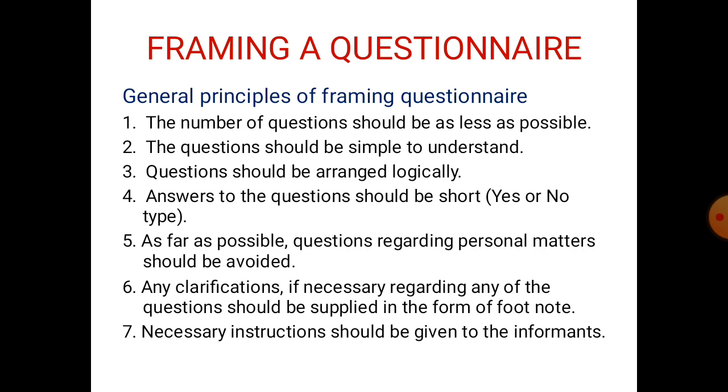That's why questions regarding personal matters should be avoided. Sixth general principle is any clarifications, if necessary, regarding any of the questions should be supplied in the form of a footnote. For example, if they have used any abbreviations, they can provide them in a footnote.